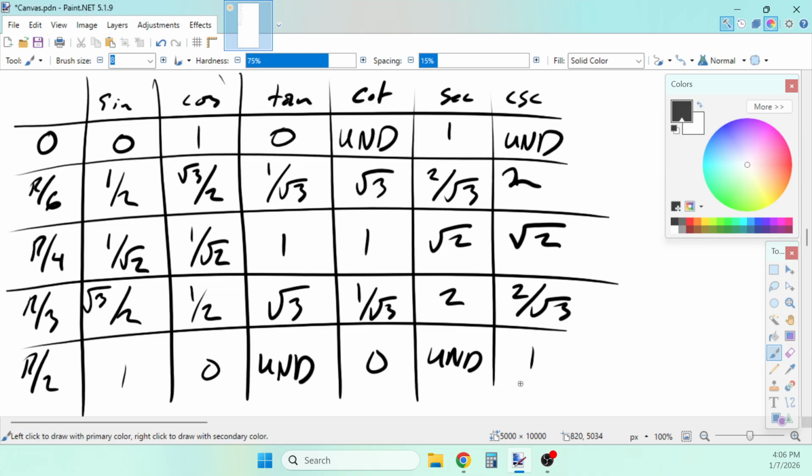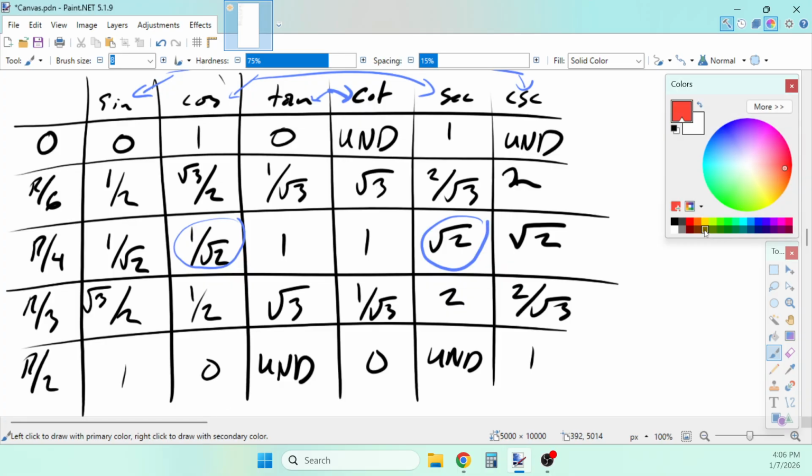Okay. Some patterns to notice is, as we said earlier, sine and cosecant are reciprocals. Cosine and secant are reciprocals, and tangent and cotangent are reciprocals. Meaning that whatever value you have in cosine, you get the reciprocal of it in secant.